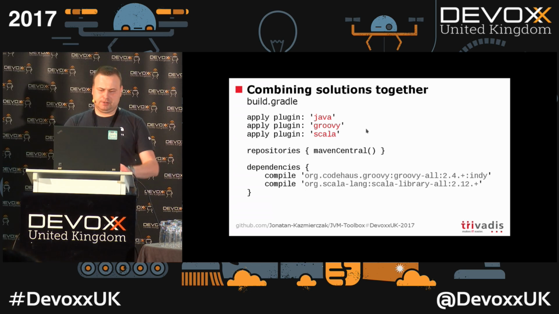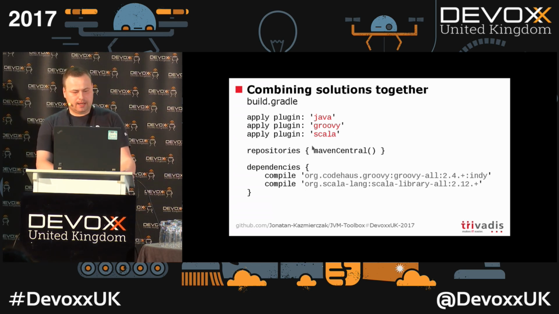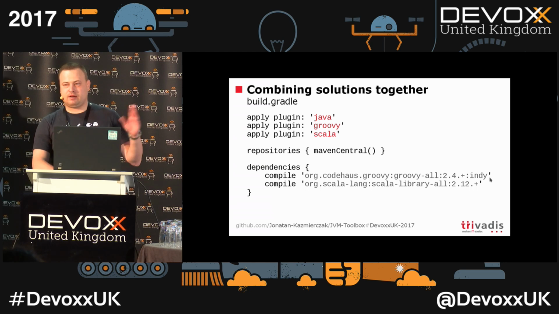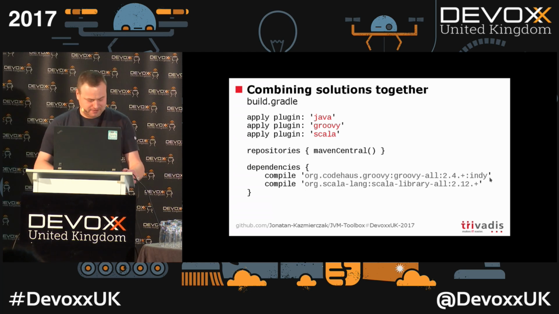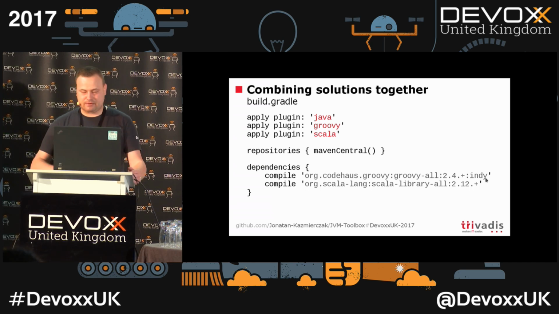We just apply plugins. We say, I want Java, I want Groovy, I want Scala. And repository and dependencies. In the case of Groovy, if you decide to use it, please always add this indy classifier. Unless you are working with Java pre-version 7 or early version 7 builds, but I'm sure you are not using early builds from version 7, because indy uses invokedynamic. So it's really a difference in performance.